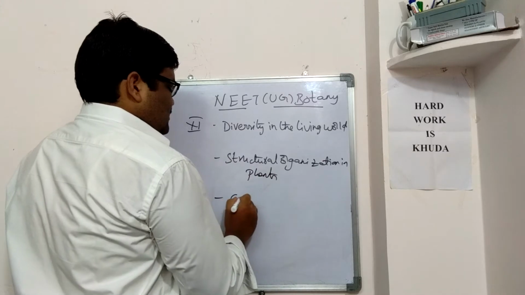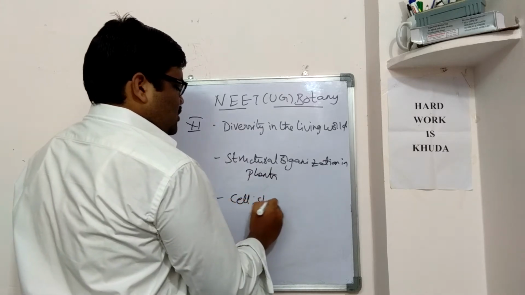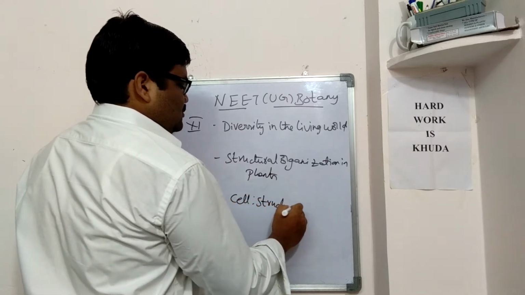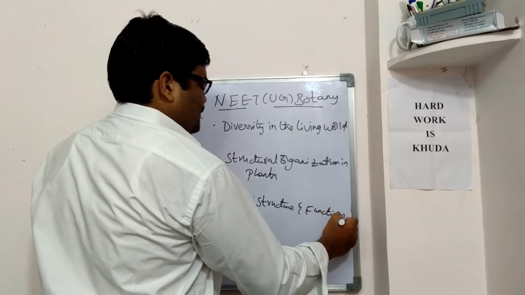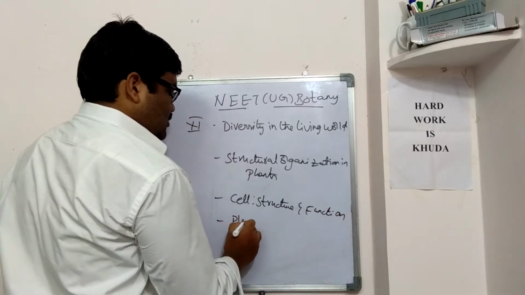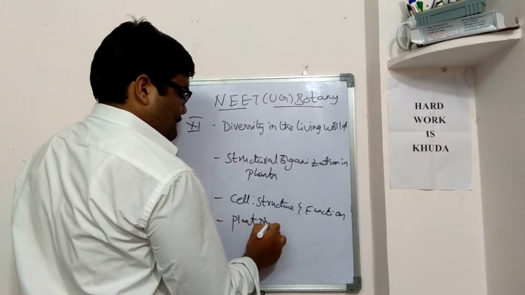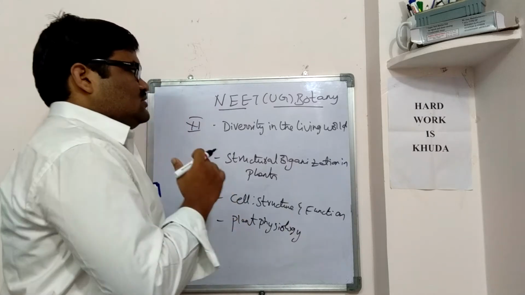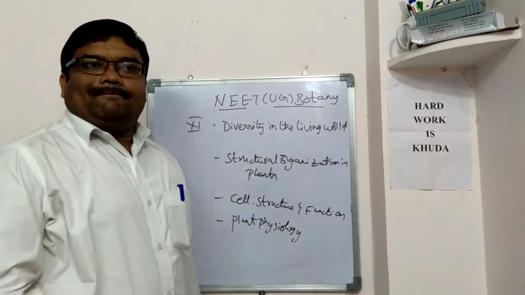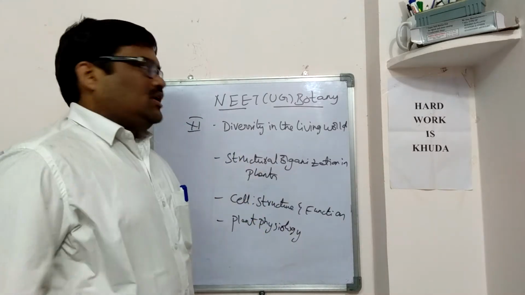Number 3, cell structure and function. Number 4, plant physiology. These are the 4 units under class 11 NEET Botany.